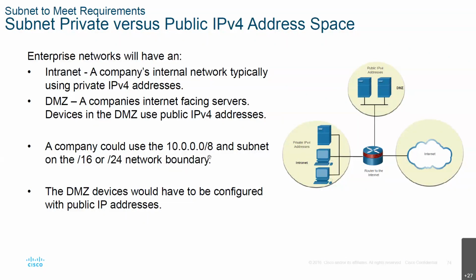That means 8 bits are for the network portion and 24 bits for the host portion. But you can still subnet by making it a /16 or /24 network. If you want further subnets, you just go beyond.